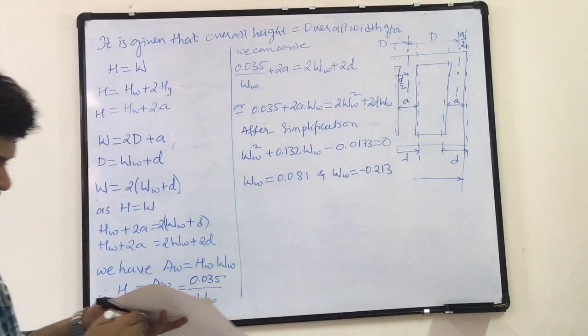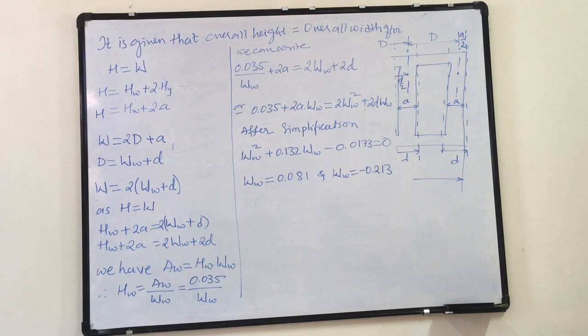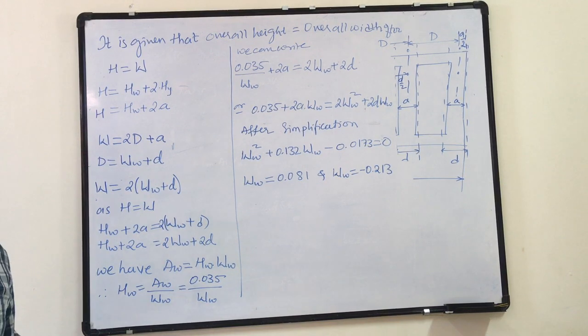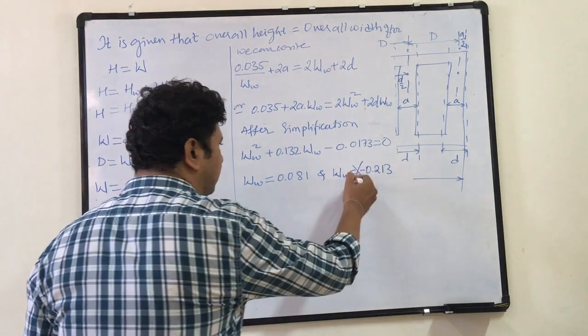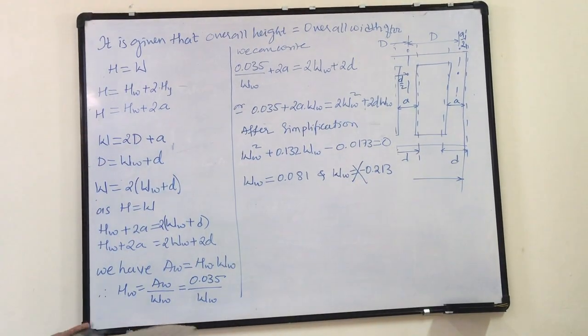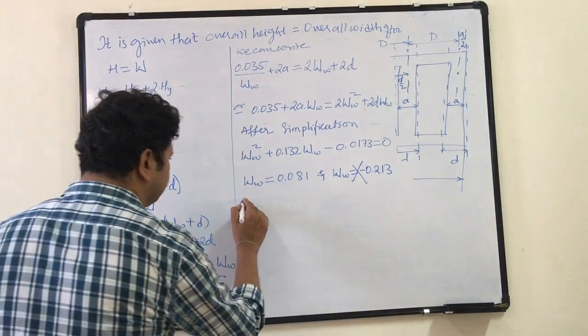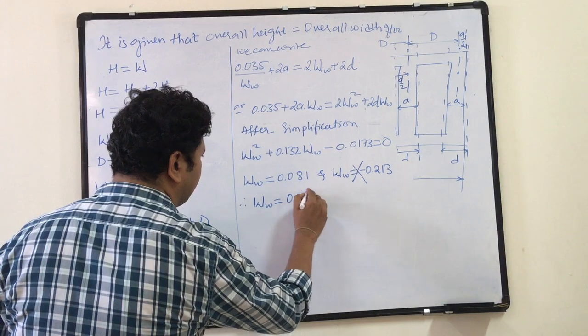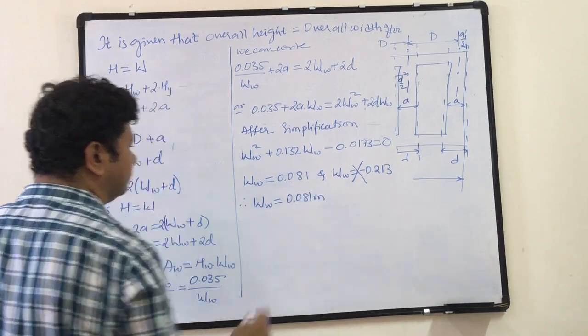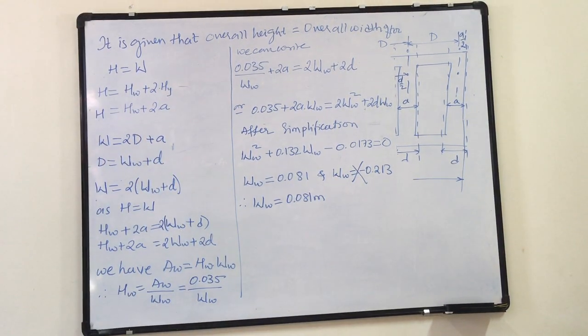Okay, so width of window is a physical dimension which cannot be negative. Therefore, the second is not at all possible. Therefore, width of window is equal to 0.081 meters.